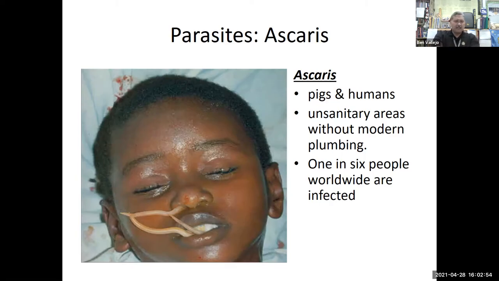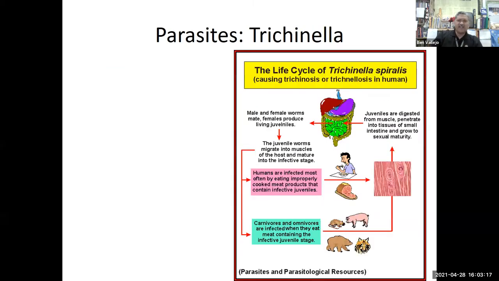This young man, unfortunately, is infected with the Ascaris, which is the roundworm. Usually, the problems come when they cause obstruction of your intestines. So yeah, this is a pretty bad infection there.